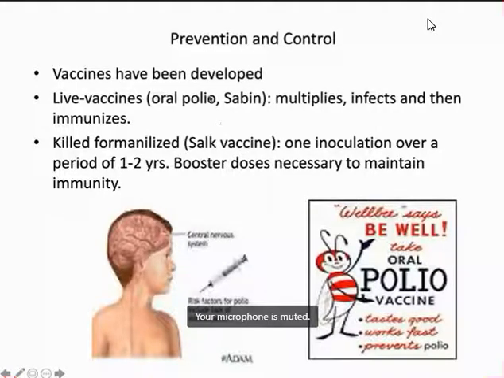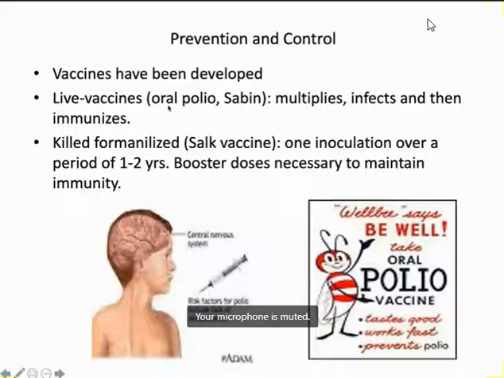When we ingest this live poliovirus as a vaccine, it provides local immunity, meaning the antibody against this virus will be present in our GI tract. Once the patient ingests the virus, this antibody will not allow it to enter the GI tract and reach the blood circulation. In this way, they are helpful.